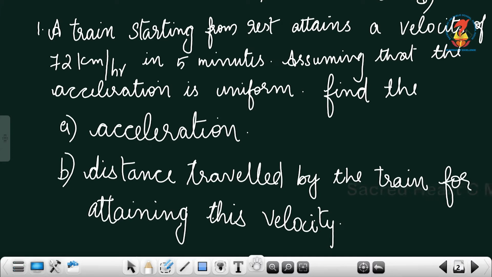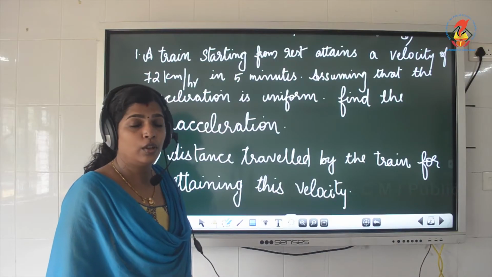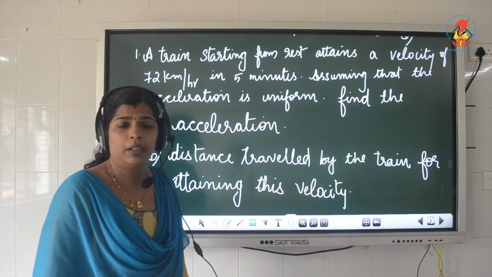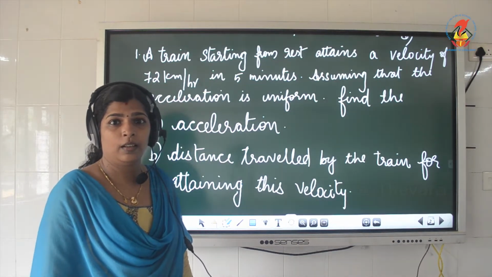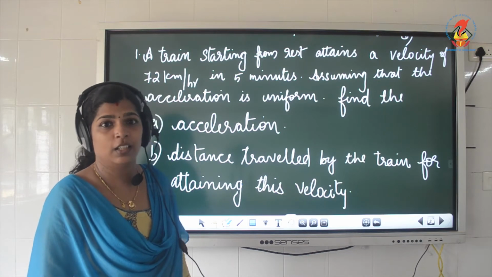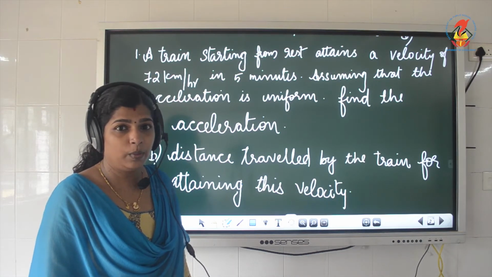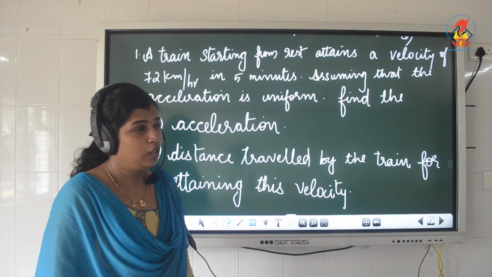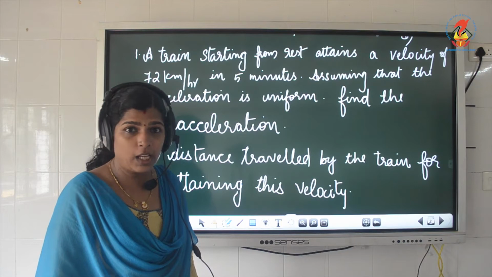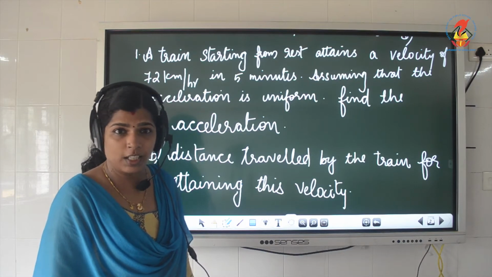It is given in kilometer per hour, so you need to convert it into meter per second. How will you convert kilometer per hour to meter per second? You have to multiply with 5 by 18. So, 72 into 5 by 18 meter per second.